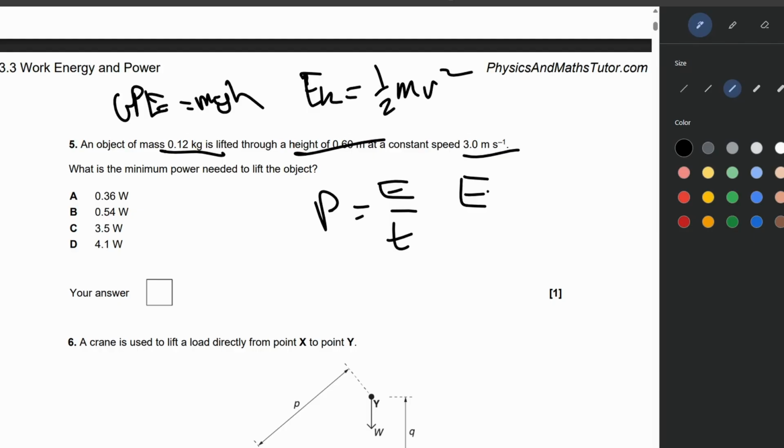We have a v, we got a mass, but this one has a h. Which one should I use? It's the minimum power needed to lift the object.